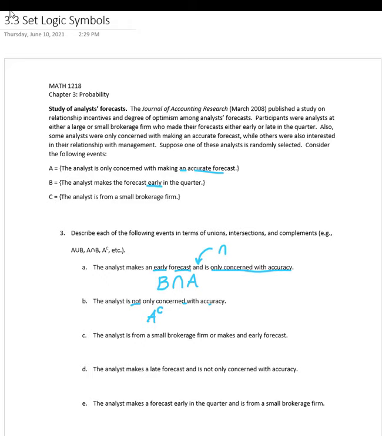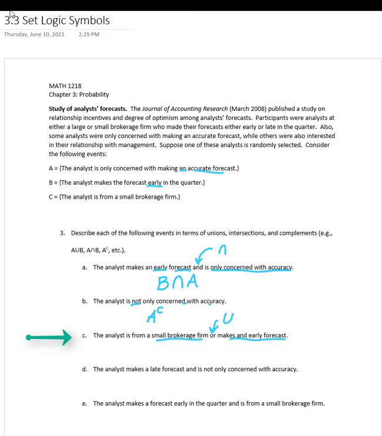In example C, the analyst is from a small brokerage firm or makes an early forecast. This time we have a clue or a key word, or. That is union. So it could be this event or that event. Not necessarily at the same time. It's just either event could happen.